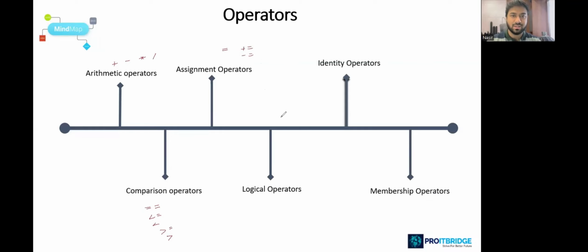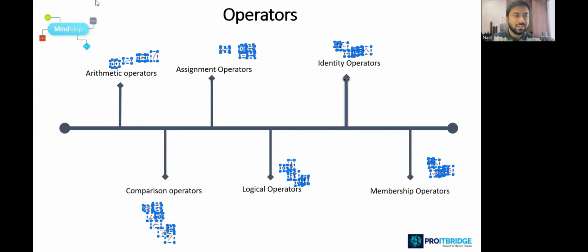We'll see all this in detail. Then we have logical operators such as and, or, not. Identity operators, is and is not. And membership operators, in and not in. These are the operators we are going to deal with in today's session.